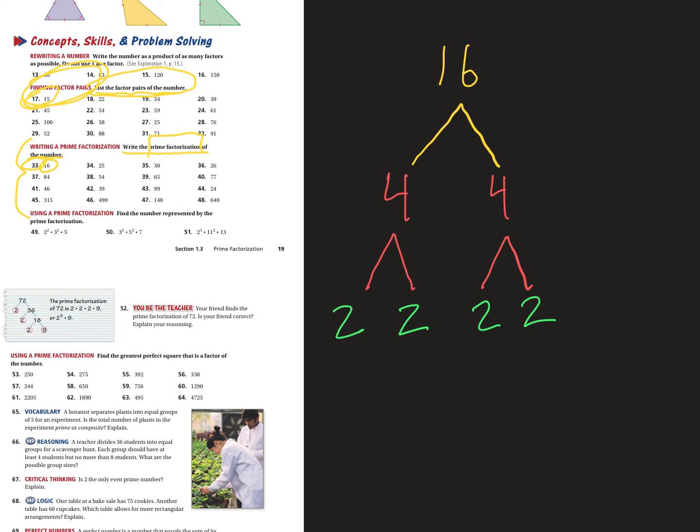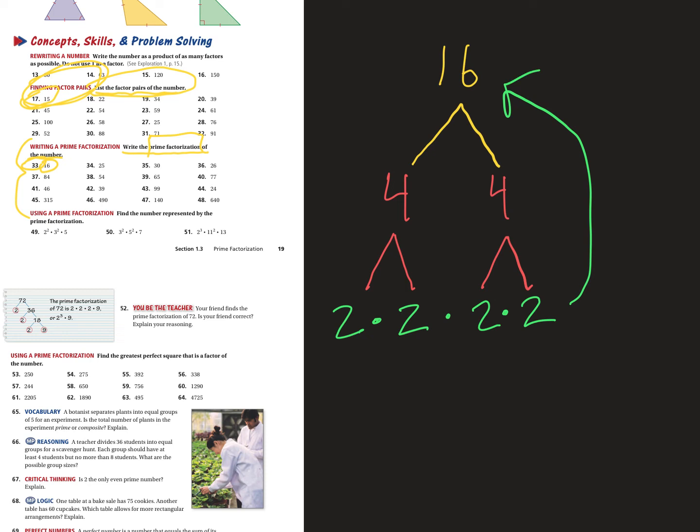So you're going to stop there. This tells us that 2 times 2 times 2 times 2 is 16. That's essentially what we have found out.